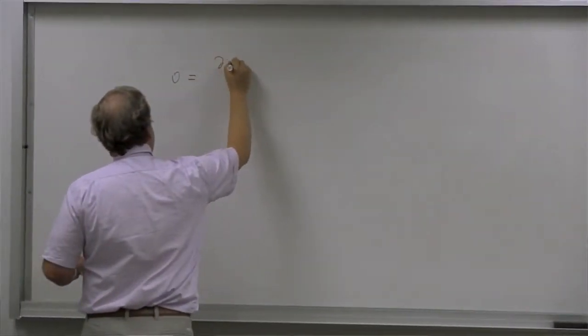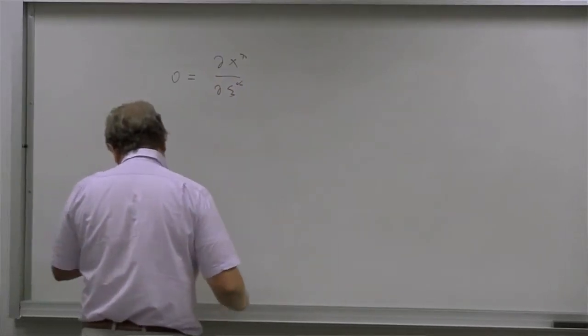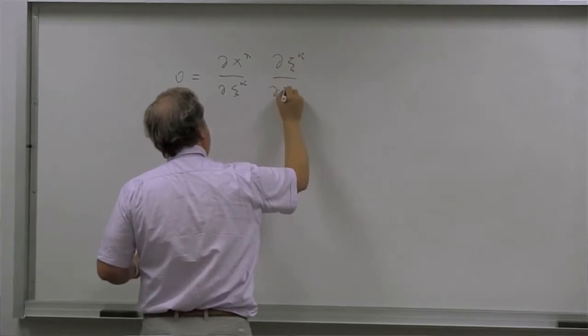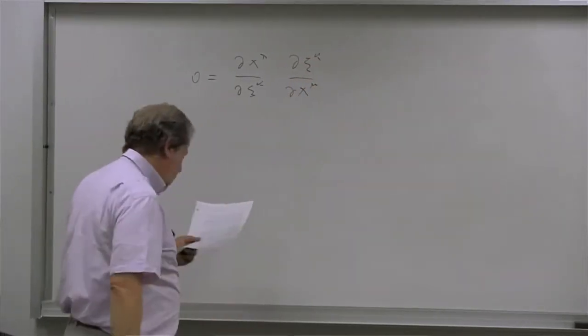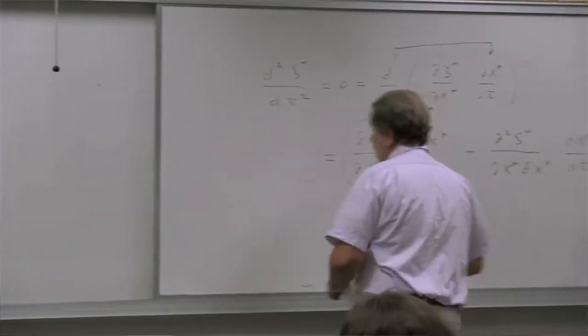0 is equal to dx lambda by d psi alpha times d psi alpha by dx mu, and then times the second derivative of x mu with respect to tau squared.